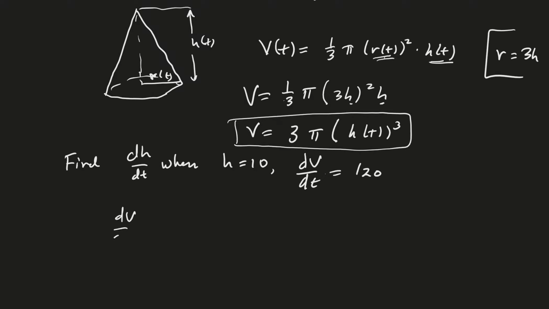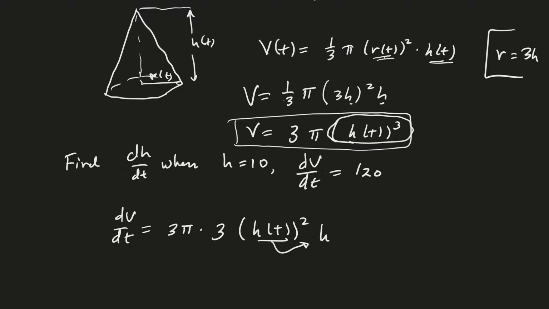So dV over dt is equal to 3 times pi, and then this part is a chain rule, so that's times 3 times h of t squared. That's the derivative of the outside function, and then we multiply by the derivative of the inside function, which I'll write as dh over dt.